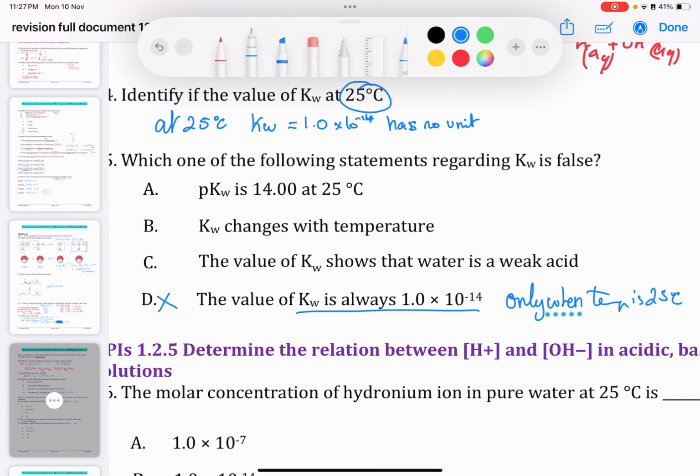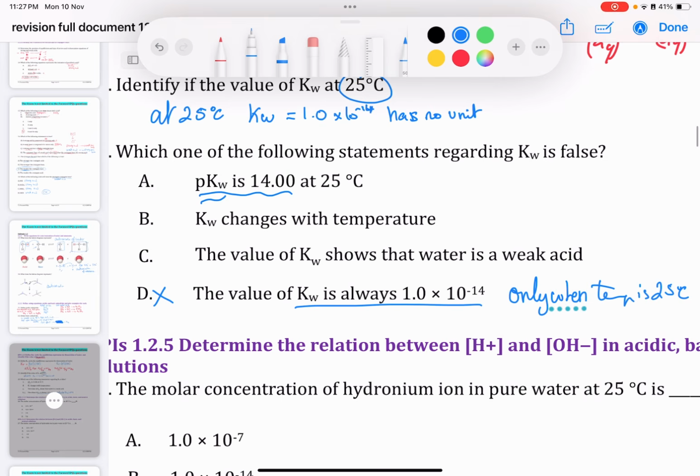Now, pKw is the logarithmic function of Kw, and that is 14. But here they saved this answer by saying at 25 degrees Celsius. So pKw is equal to 14 at 25 degrees Celsius.